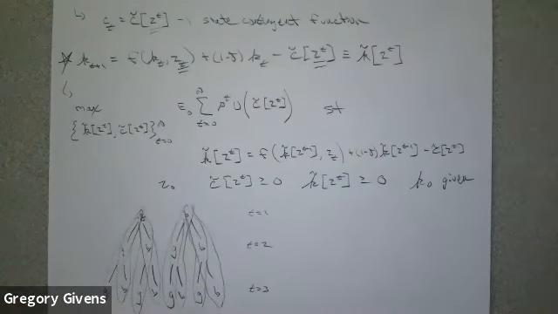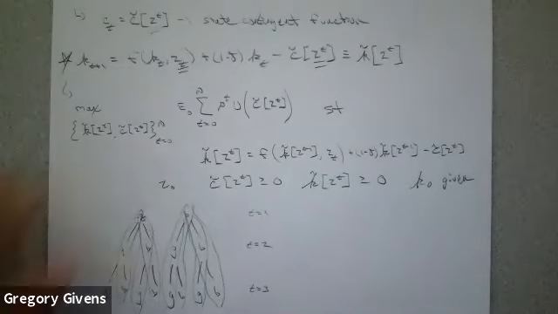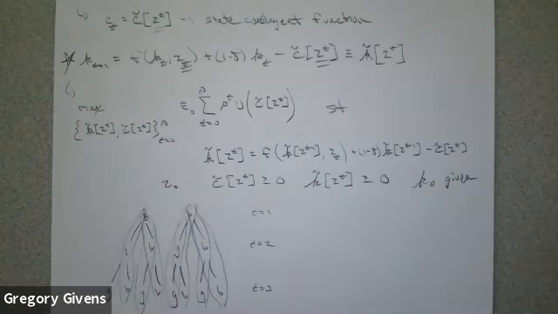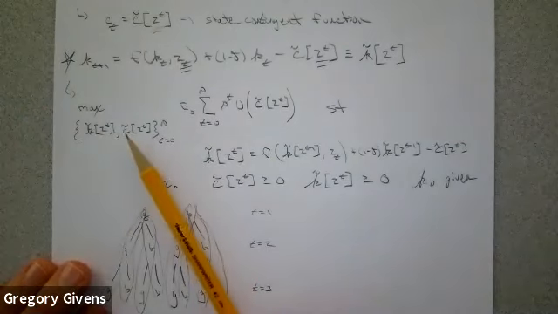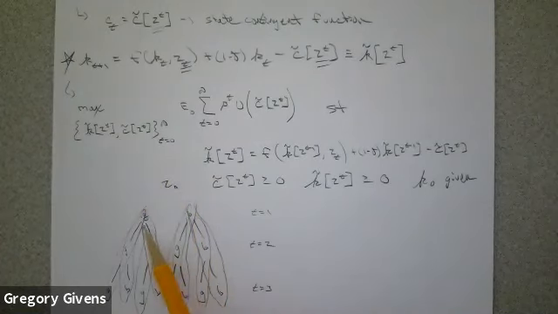For 3 periods, there's basically 8 different ways in which the shocks could roll out over time, given some known value of the shock in period 0. Essentially, what the planner is doing here, imagine there's just 3 periods and only 2 possible values of the shock, is thinking about at date 0 all of the possible paths that the shock is going to take over time.